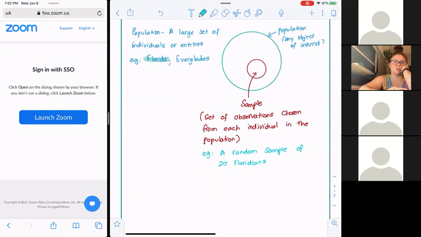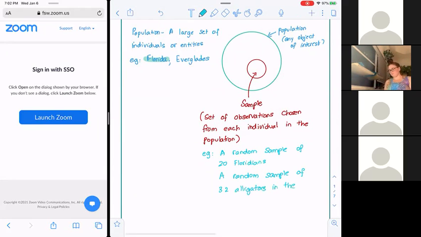And similarly, a random sample of 32 alligators in the Everglades.